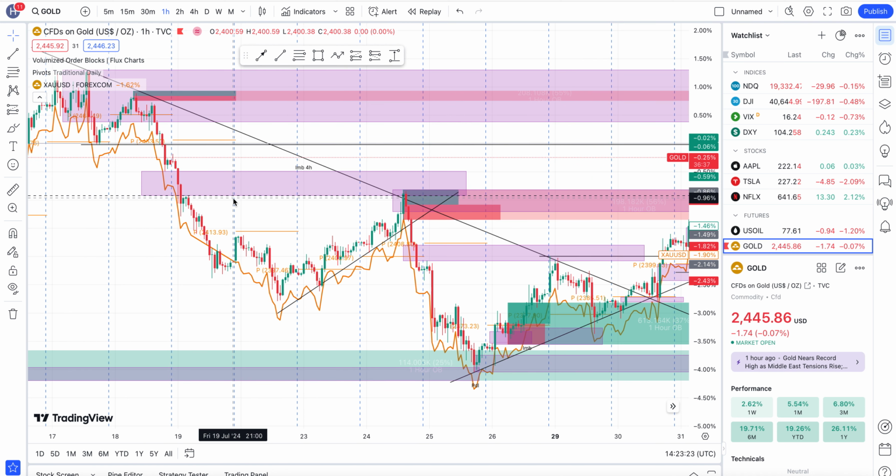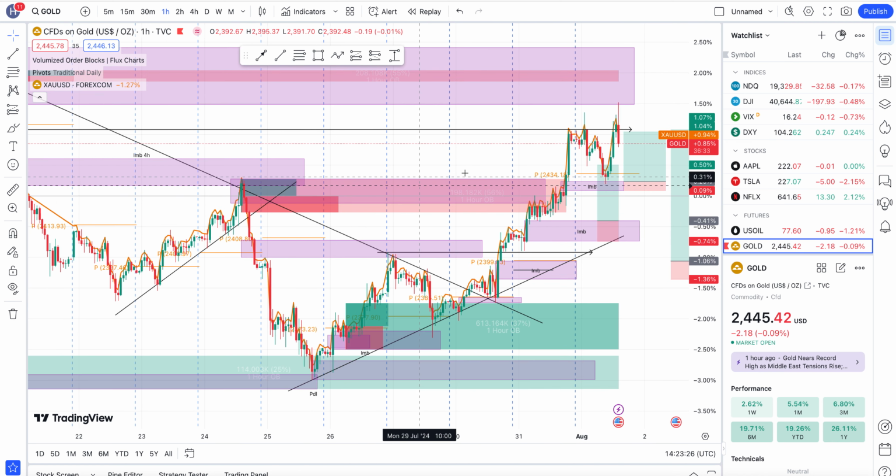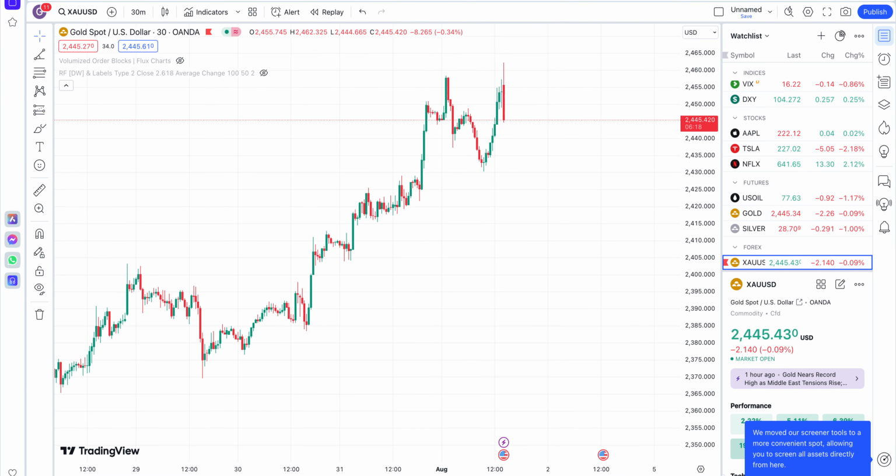What you would want to do is be able to read a chart with fewer indicators or no indicators at all, because you're looking for a trend, you're looking for a direction in the market. So what you would like is to have a plain chart.